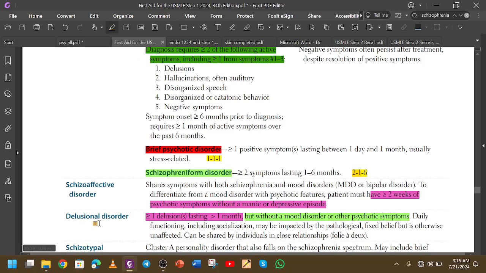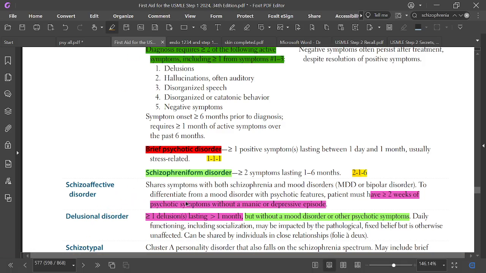What is schizoaffective disorder? Schizoaffective disorder shares symptoms with both schizophrenia and mood disorder, major depressive disorder or bipolar disorder.